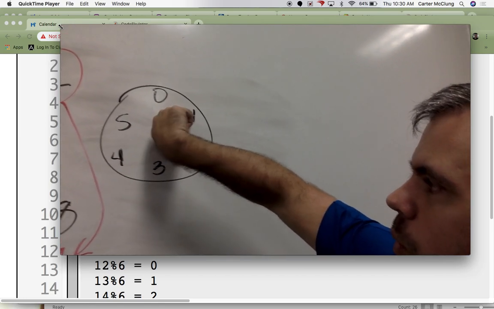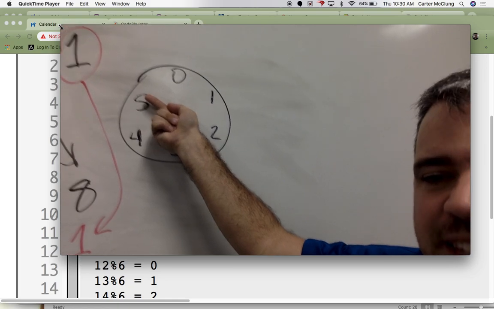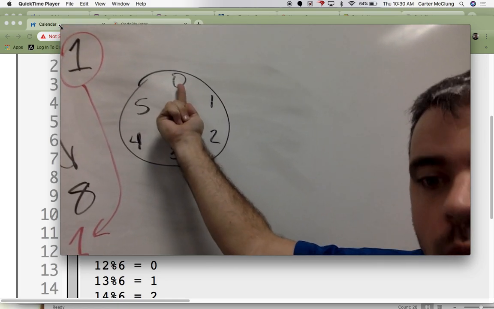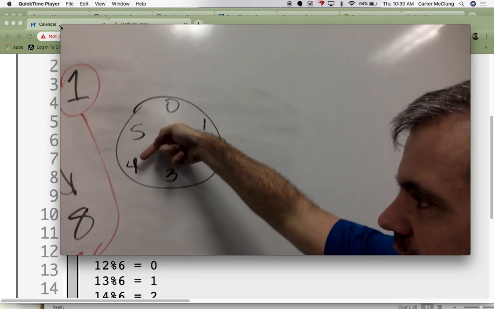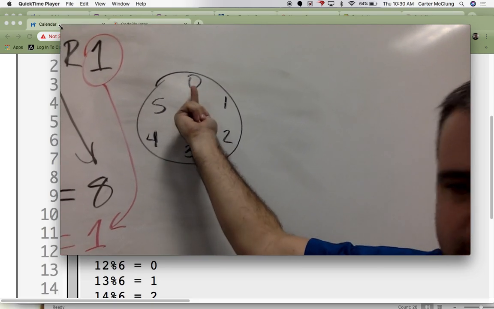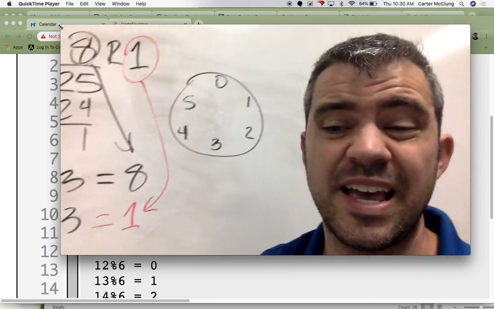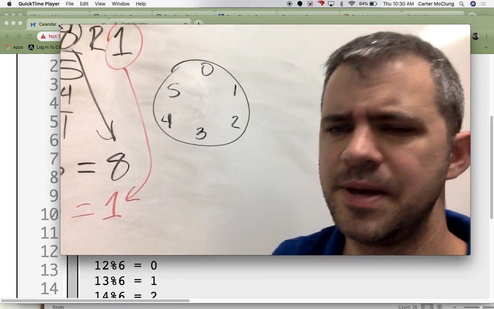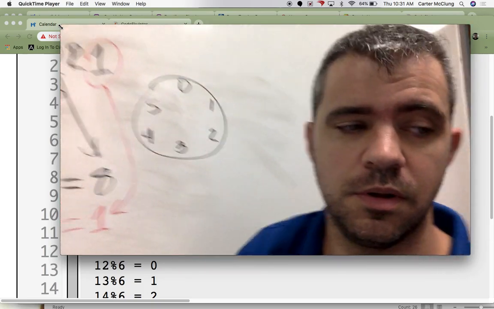Normally, we'd go 1, 2, 3, 4, 5, but instead of 6, we're going to go back to 0. 7, 8, 9, 10, 11, and then at 12, we hit 0 again. So every multiple of 6, or whatever your mod is, you're back to 0.